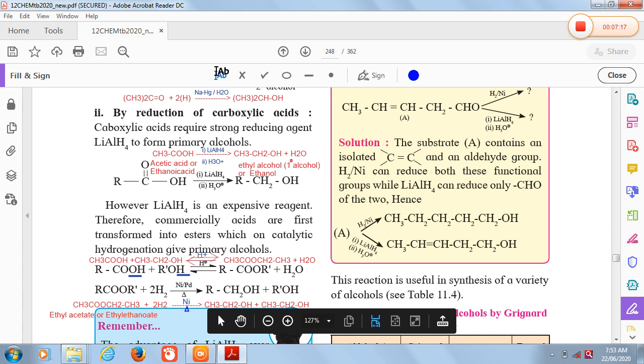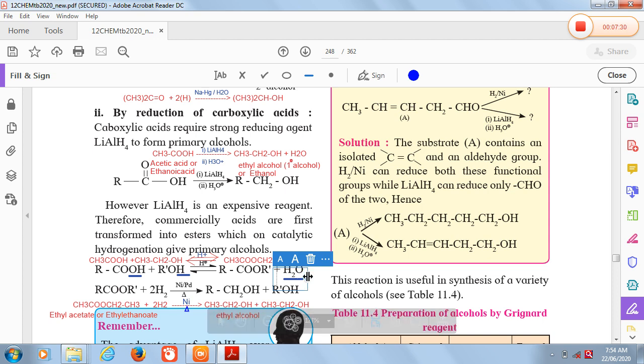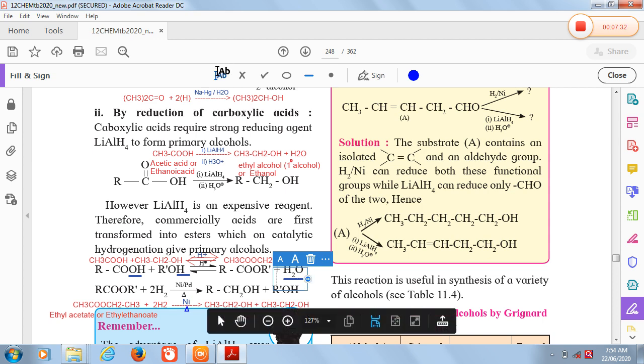Then we get the product H2O. So in this way we can obtain the ester and water.